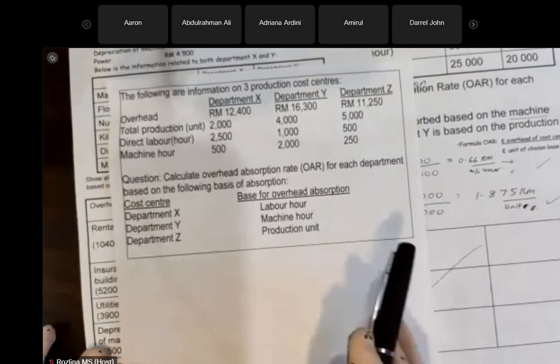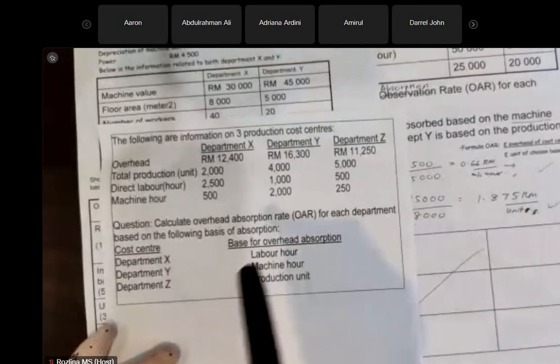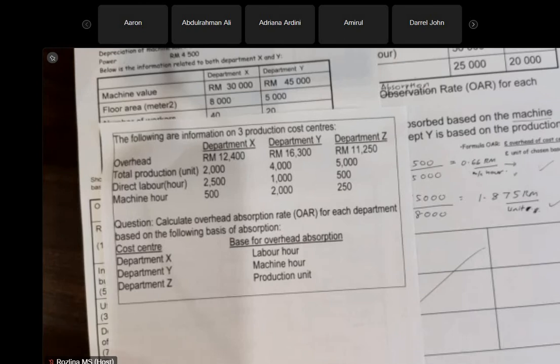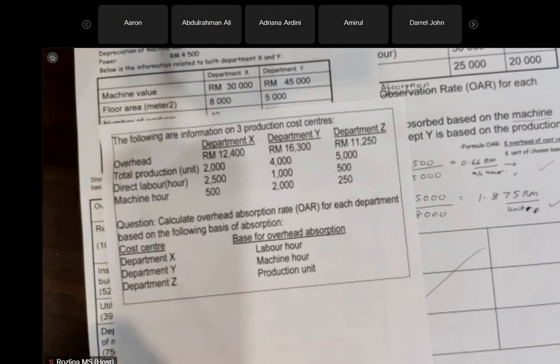Okay, it is very simple because what process don't you have here? Siapa tahu? Apportionment. Yes, and we don't have the apportionment process. Siapa yang jawab tu? Zohan.